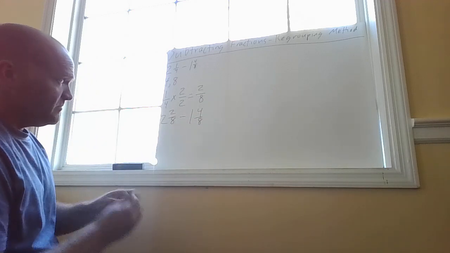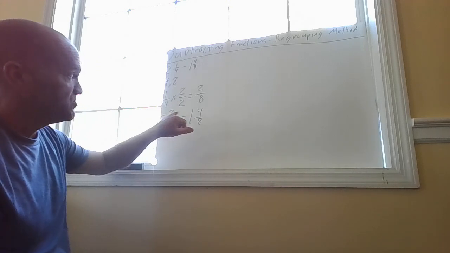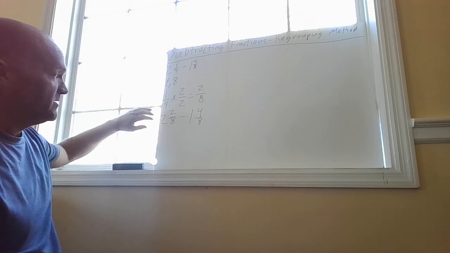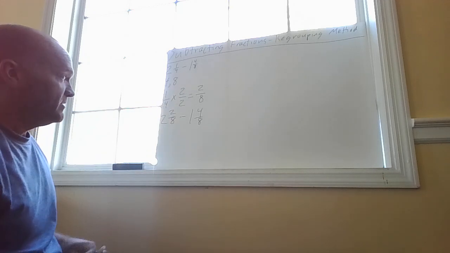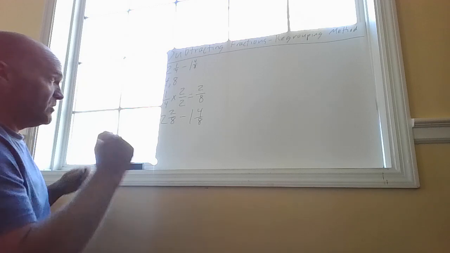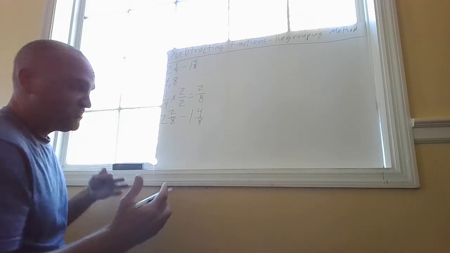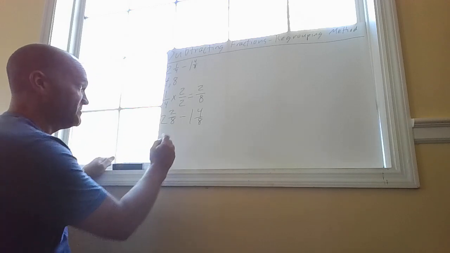So now I need to subtract my numerators. I cannot take 4 from 2, so I need to borrow 1 from this whole number and regroup it into the numerator. So the whole number as a fraction has a numerator and denominator that are always the same.